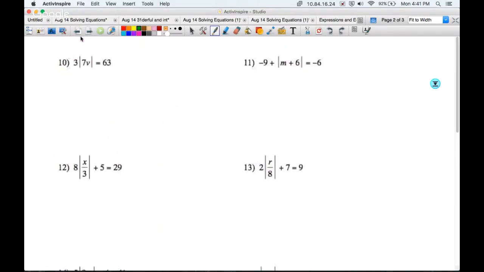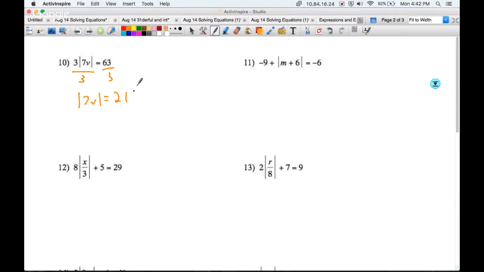Let's skip on to the back side where we've got some operations outside of our brackets. The trick to these is going to be to simplify the equations to the point where it's just absolute value brackets of an expression equals a number. All right. Number 10, I divide both sides by 3. I get the absolute value of 7v is equal to 21.